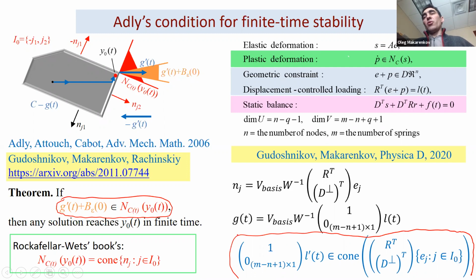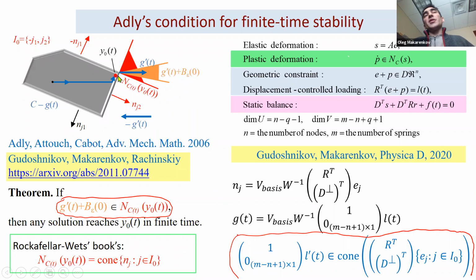So this blue inclusion is saying that in order for this red point formed by the normal vectors with indexes j1 and j2 to be finite time stable and attract all other points, this inclusion must hold.